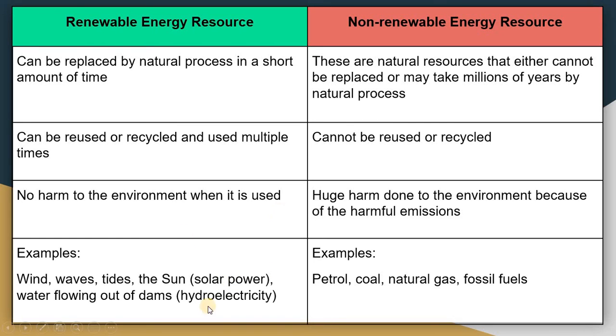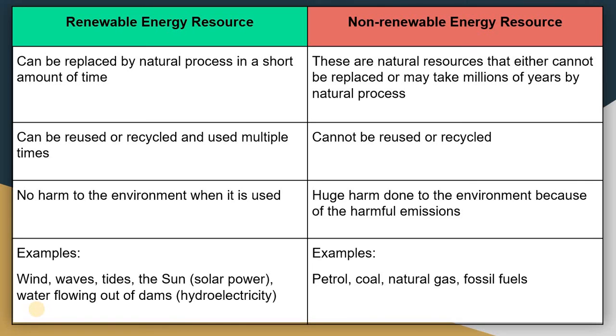And how about hydroelectricity? So when we build a dam, you will need to clear off a space for you to collect water. When you clear off a space, the first things that you tend to clear are the forests.